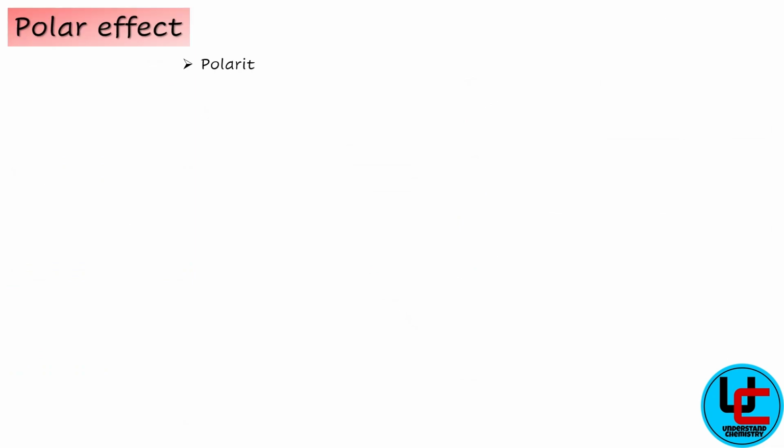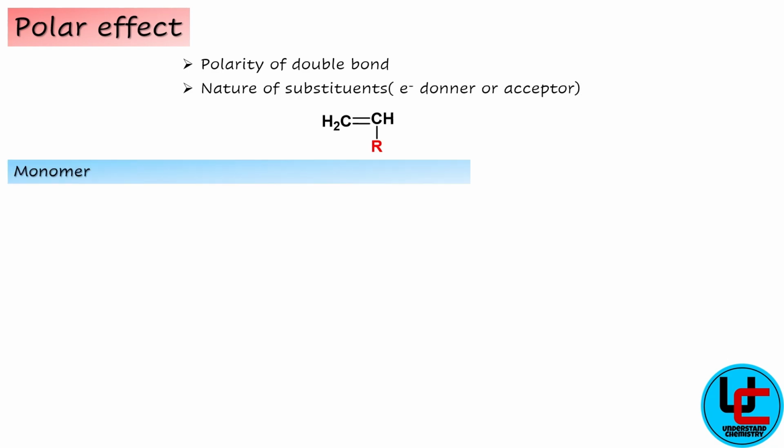This effect depends on the polarity of the double bond, the nature of the substituents, whether it is an electron donor or electron acceptor. Most vinyl monomers have a structure like this: a carbon-carbon double bond with a substituent attached.